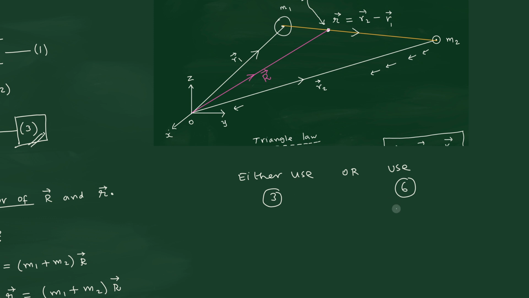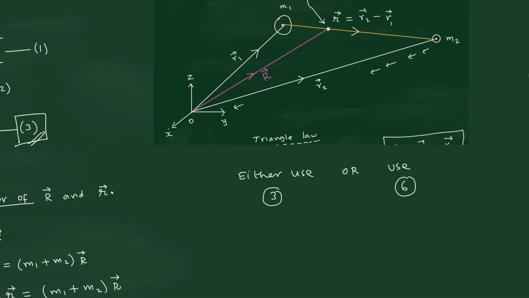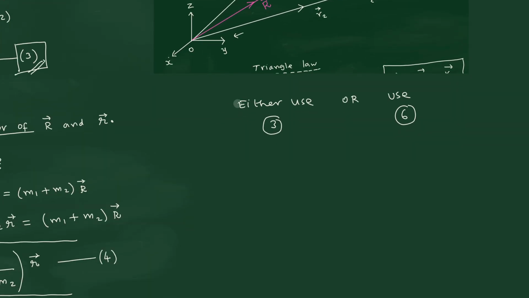Both of them are the same Lagrangian, and then proceed further with the calculation. So if we proceed like this, what is going to happen? That is the discussion we have to do. Only if you discuss can we tell whether equation 3 or equation 6 is advantageous, and based on that we can proceed with our further calculations.